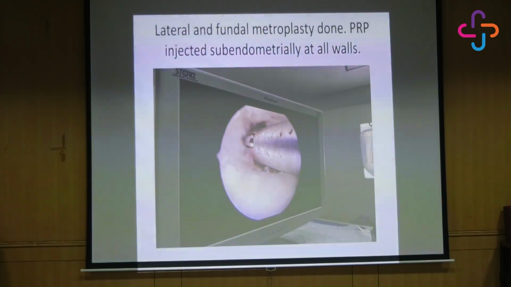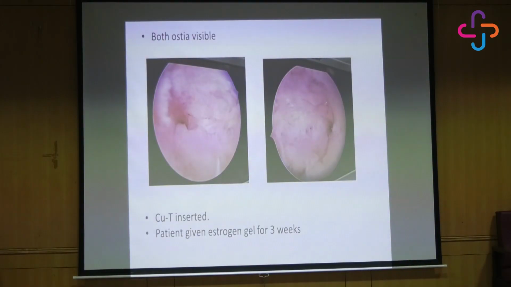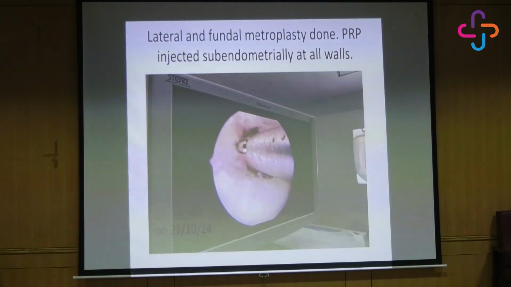The PRP, which is rich in stem cells and growth factors, was injected subendometrially at all corners of the walls of the uterus. After the adhesions were released, both ostia were visualized, a copper T was inserted, and she was started on estrogen gel for 3 weeks and regularly followed up.